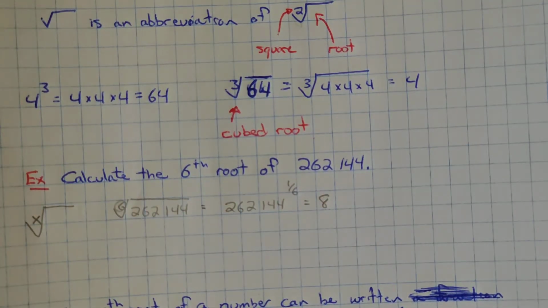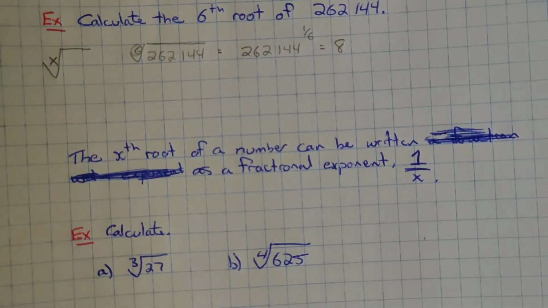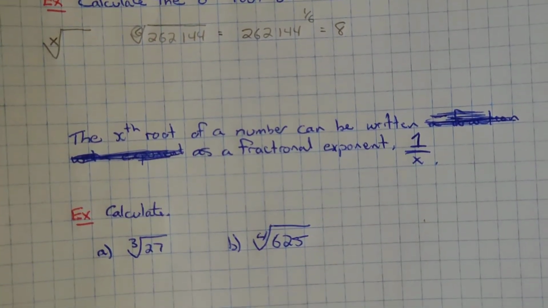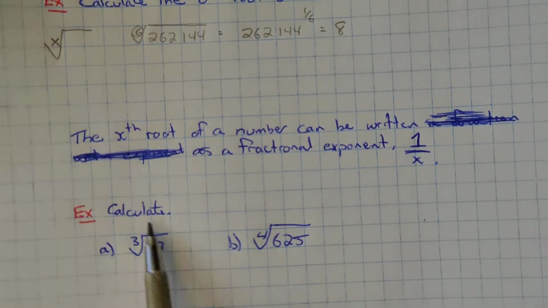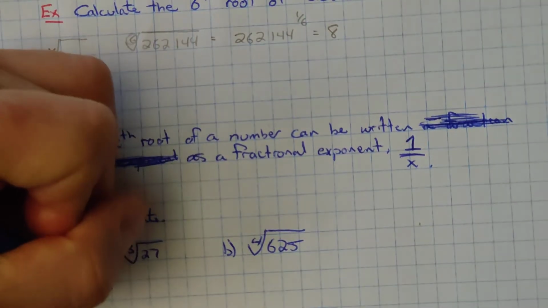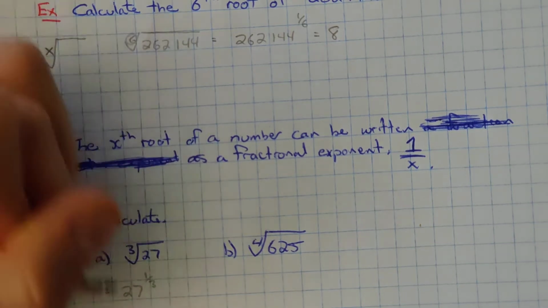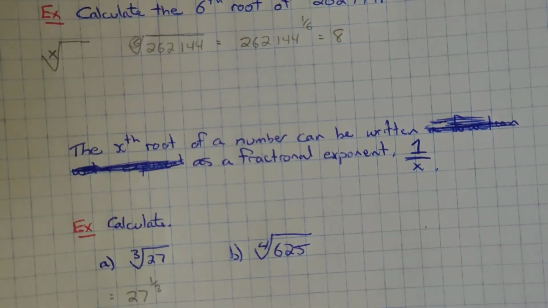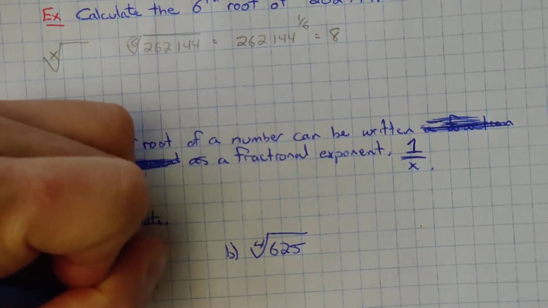And we can use that then to calculate some further questions. So we're just going to always put the xth root as 1 over x. So here we have the third root of 27. So that's 27 to the 1/3. And then when I typed it in my calculator, what number times itself 3 times is 27? Well, that works out to 3.